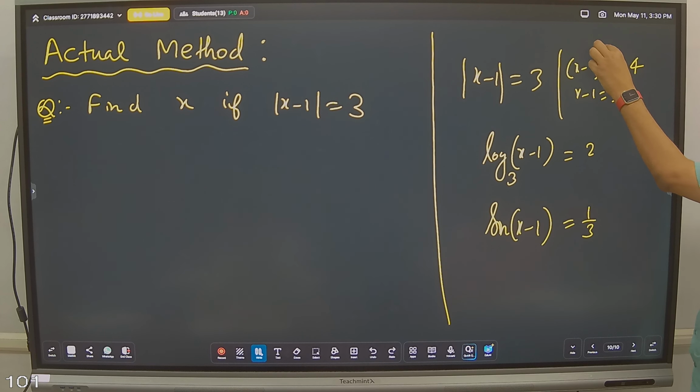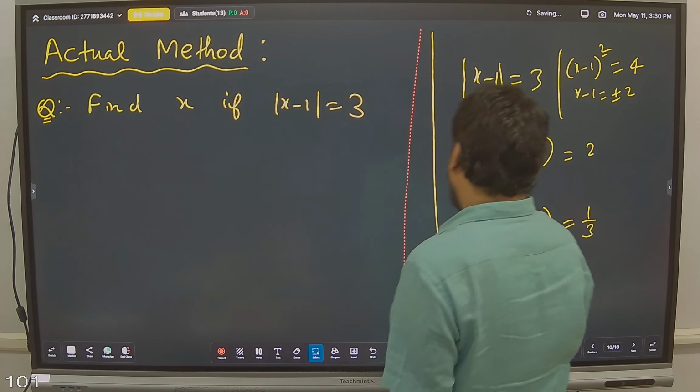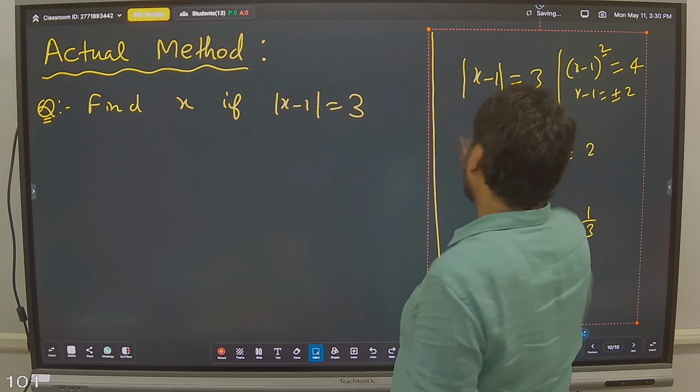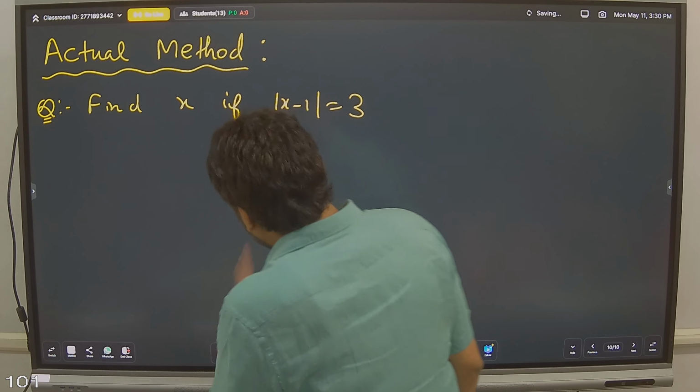Actually, we are trying to remove the mod. Why are we removing it? Because without removing it, I cannot reach x. Have you understood my point? So this is my main target: I have to get x, and for that, I have to remove the mod.